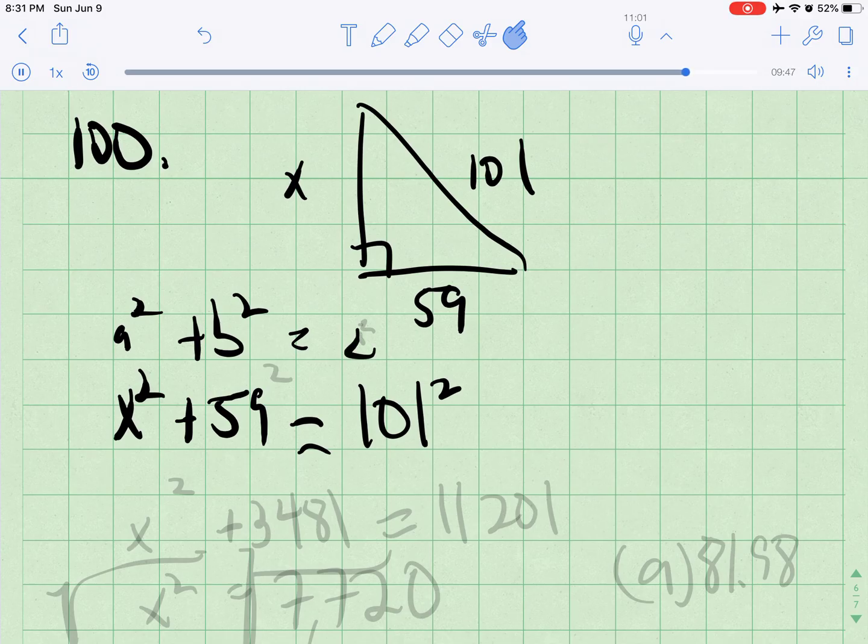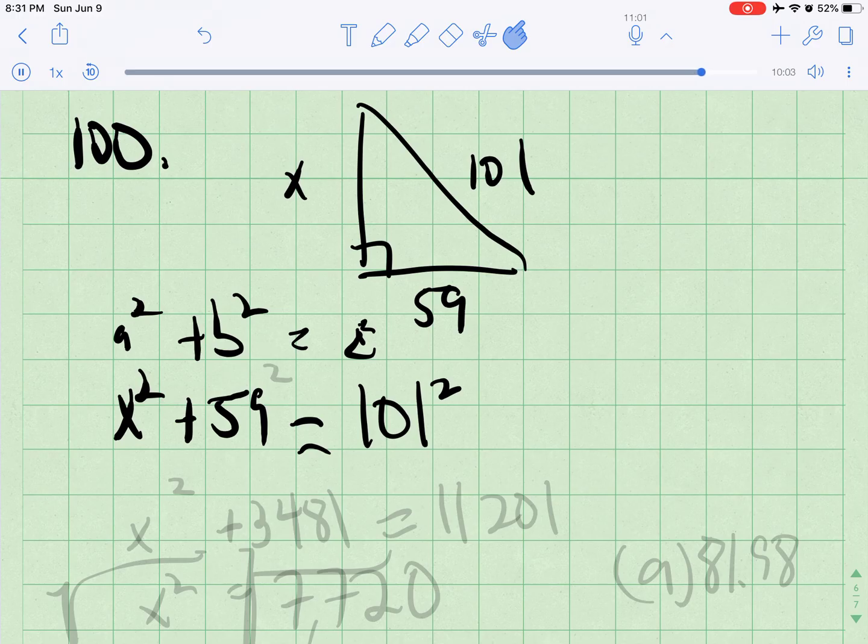They gave us the 101, they gave us the 59. They want us to find the other side. Right? Let's make this a little bit cleaner. C squared.